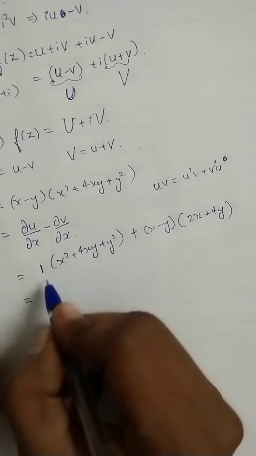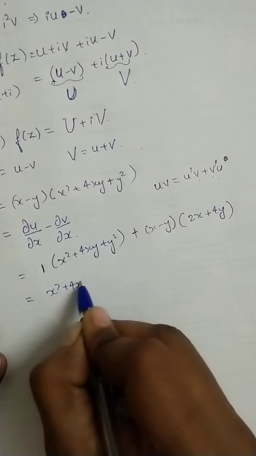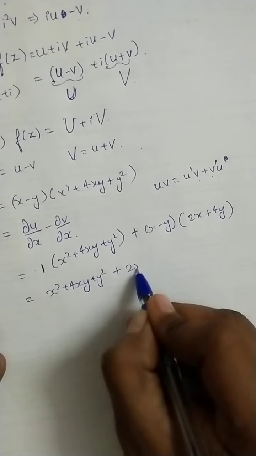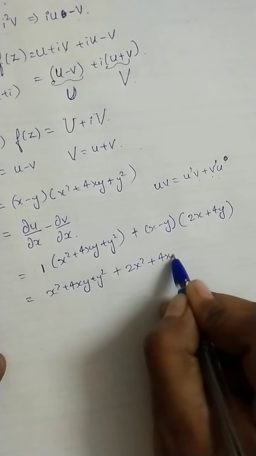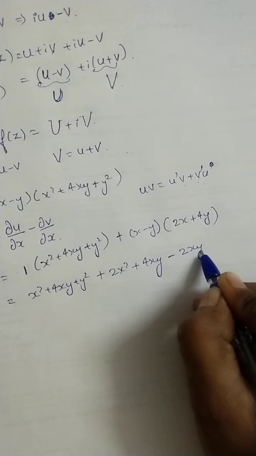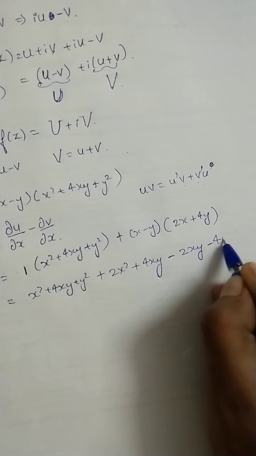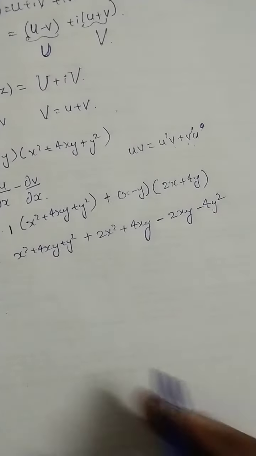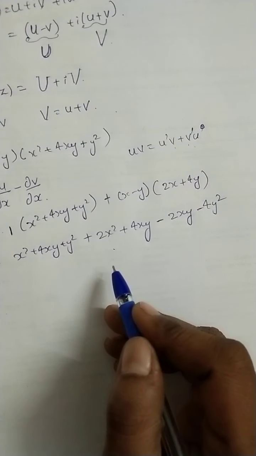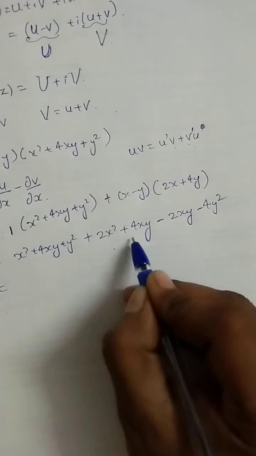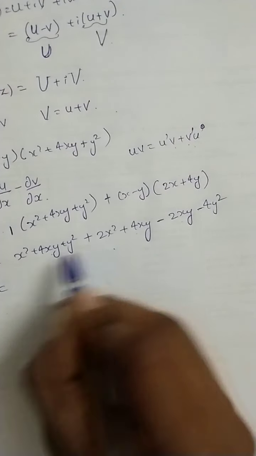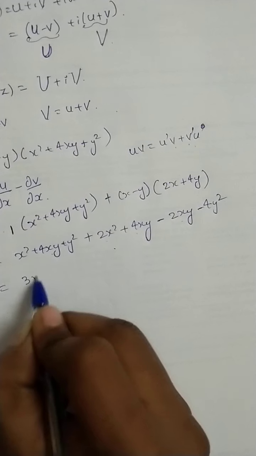Now we have to simplify this one. So x square plus 4xy plus y square plus 2x square plus 4xy minus 2xy minus 4y square. Okay, now 4x minus 2x, that is 6x... now 2 minus x, that is 3x square.